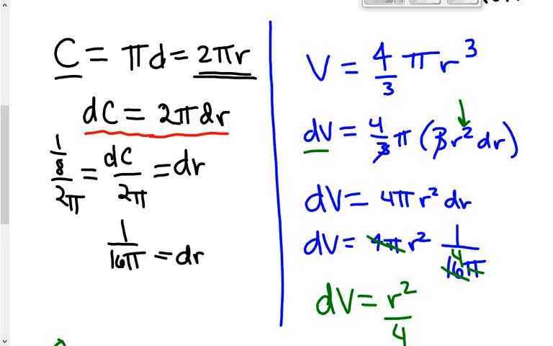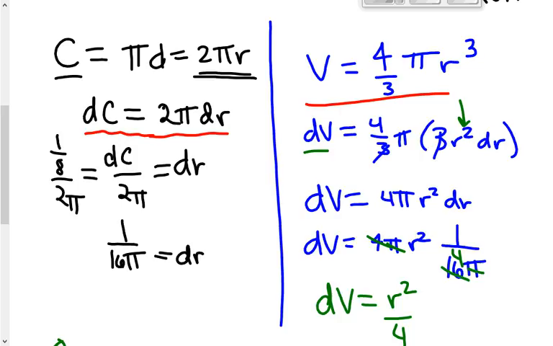Well, the reason that I use the circumference to find the error in the radius is that the error in the circumference was the only information I was given. So I had to find a way to relate what I was looking for back to the information I was given. If I'd been given the error in volume instead, I would have used this formula to find dr. But I wasn't.